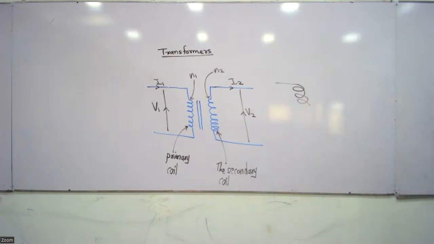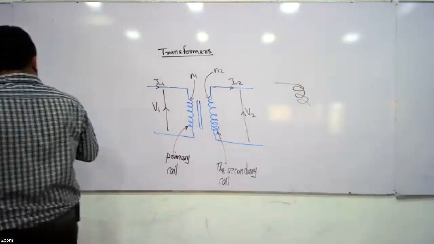The relationship between input and output voltages can be found by the following equation.